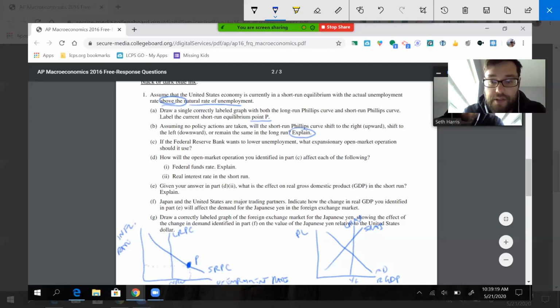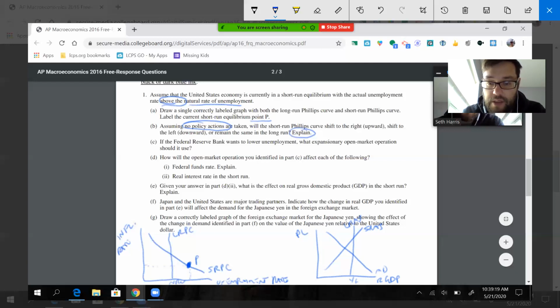Now, to get to the answer to part B, we need to figure out what's going to happen to this model given no policy actions, right? So government is not spending. There's no fiscal stimulus. There's no monetary policy changes. So what happens to this with no government intervention, right?